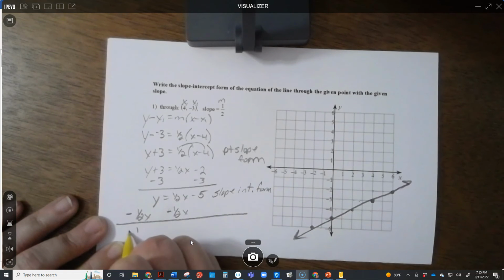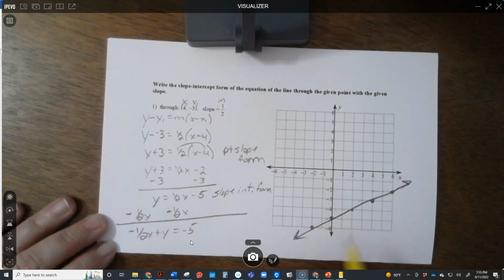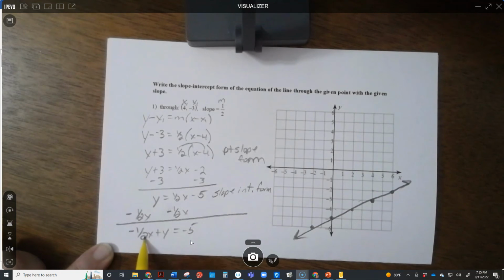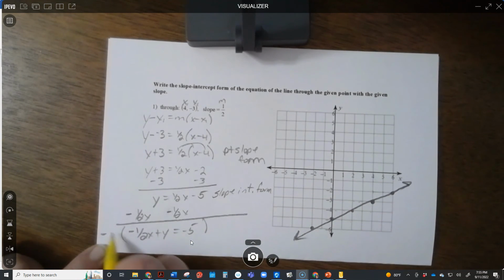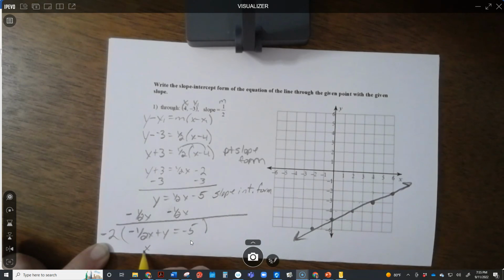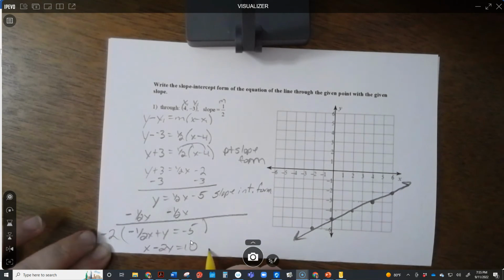So we have a -1/2 x plus y equals -5. We don't want the negative and we don't want the fraction. So what are we going to multiply by? A -2. Look at the denominator. And those two cancel each other out. That leaves me the x minus 2y equals 10. And this is standard form.